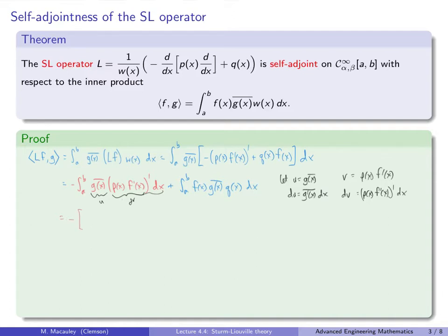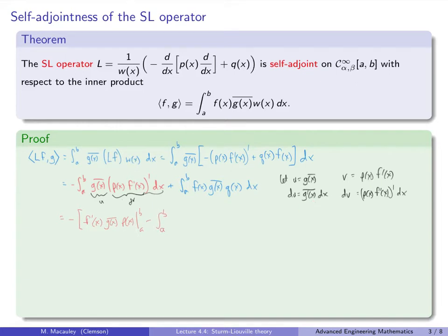And now let's put u times v, and I'm going to alphabetize these. So this is f prime of x times g of x bar times p of x from a to b, and then minus the integral from a to b of v du.